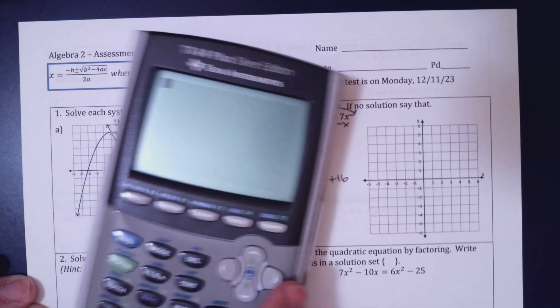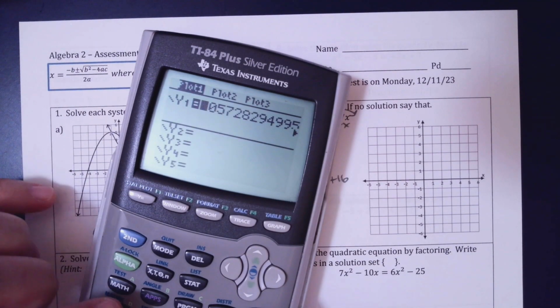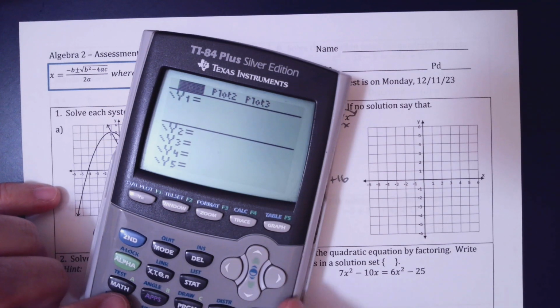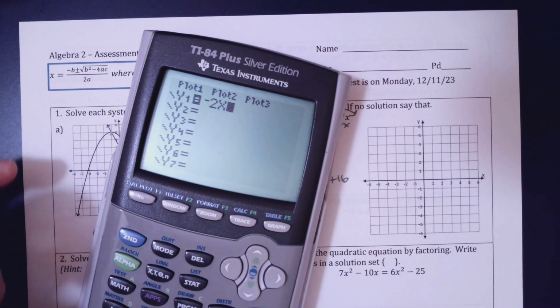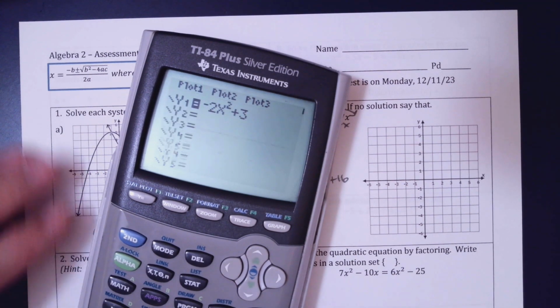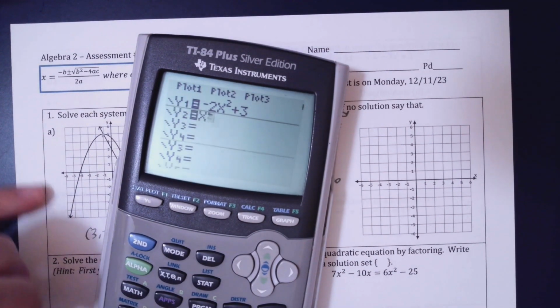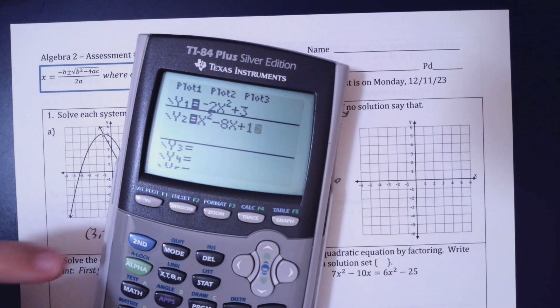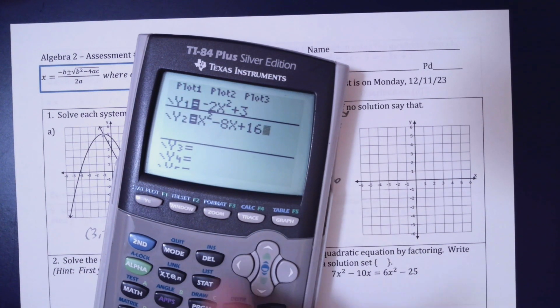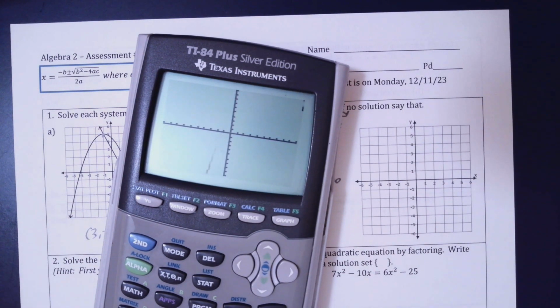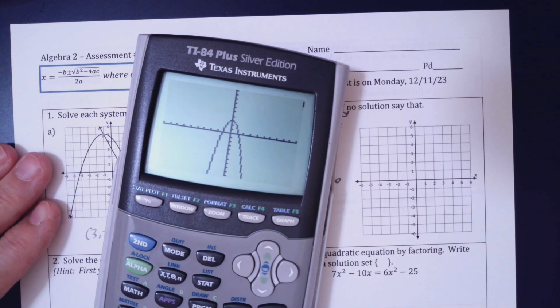All right, so -2x squared plus 3. And the second one, x squared minus 8x plus 16. And we're just looking for a little sketch of these things. Remember, zoom 6 turns it back into the regular picture.